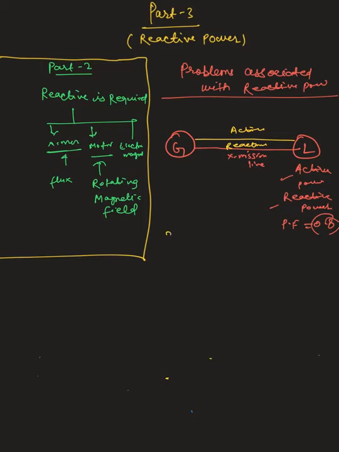And the third problem is voltage imbalance. So you can understand it through this. Suppose there is a load on this end, there is a grid on this end.